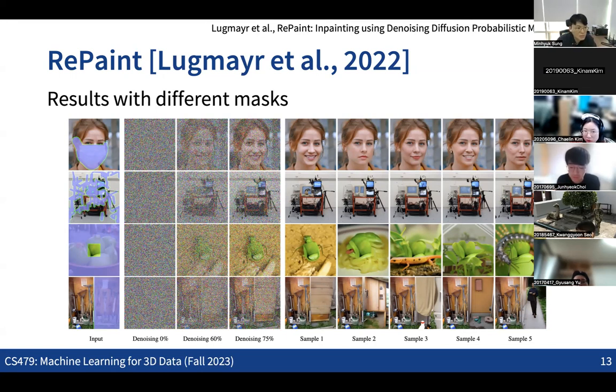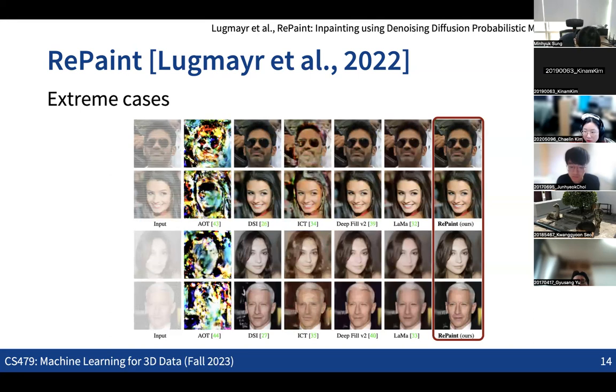And these are more extreme cases here. In these cases we keep every other single line for each of the rows, the horizontal lines, and also for the vertical lines. For those extreme cases, we can see that we are recovering the input images.